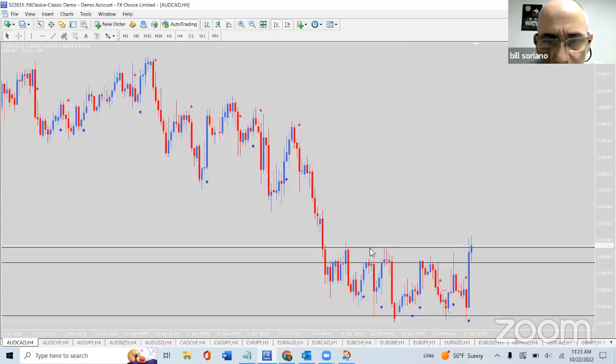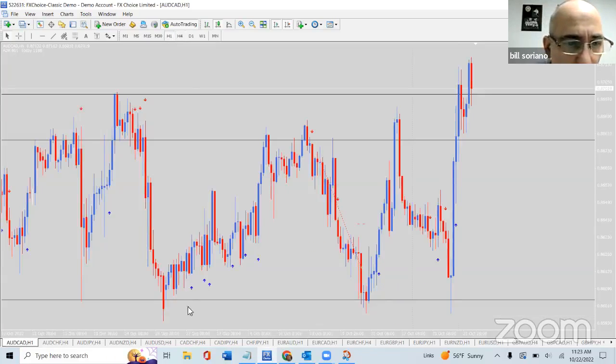And let me see where I put it here. So our banker candle right here. We come up right here into our area of interest, right? And then right here, we got our ATH confirmation, right? So it comes up, we get our ATH confirmation right here. It doesn't go through the area.